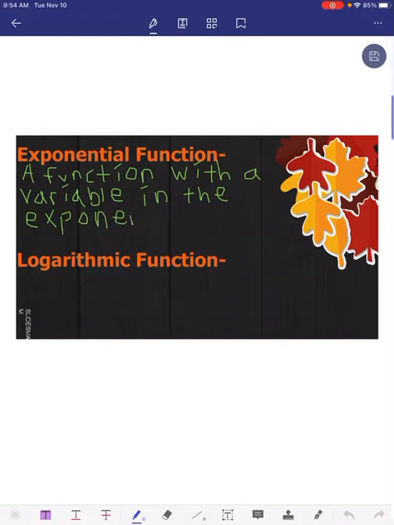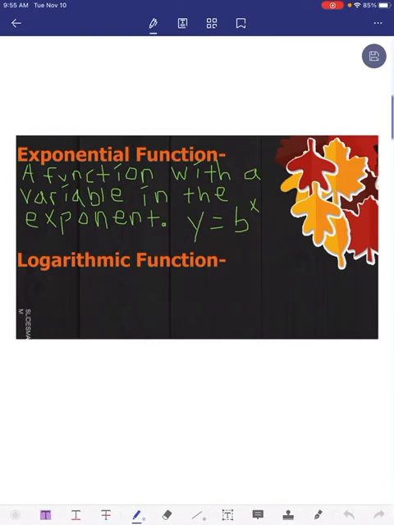So it doesn't just have an exponent, because if I had f of x equals x squared, that's not an exponential function. In order for it to be an exponential, remember it has to be of the form y equals b to the x. My x value is going to be what is in my exponent.